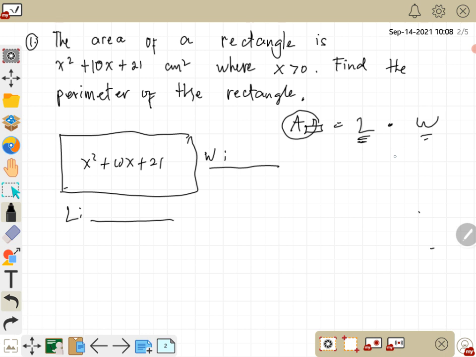Since x plus 7 is longer than x plus 3 by 4 units, we substitute: the perimeter is 2 times x plus 7, plus 2 times x plus 3.